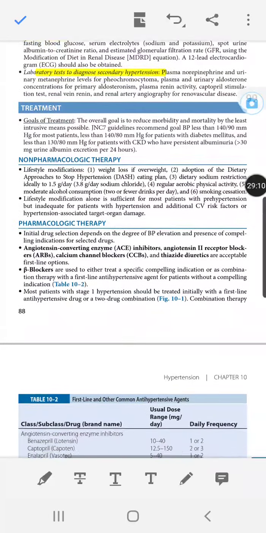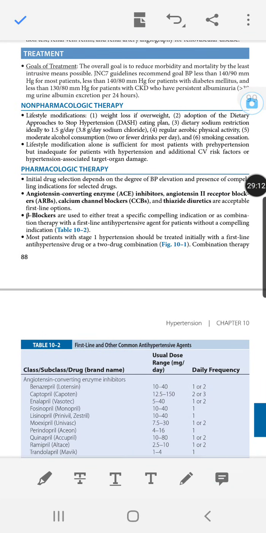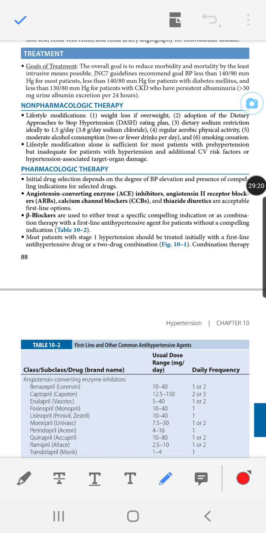The next and important heading is the treatment. How you can treat the blood pressure is a very important point. So first of all, you should know what the goal of treatment is. The overall goal is to reduce morbidity and mortality.